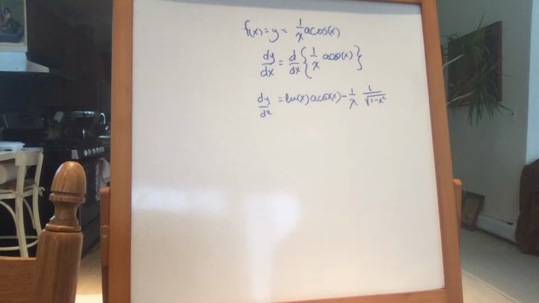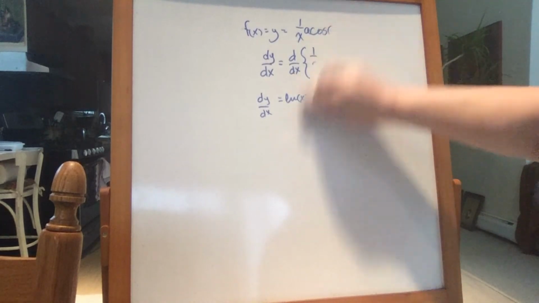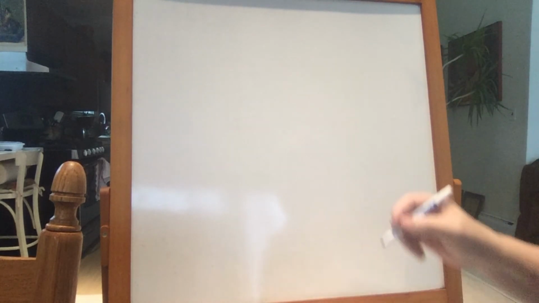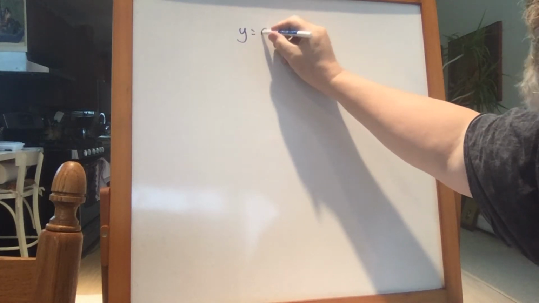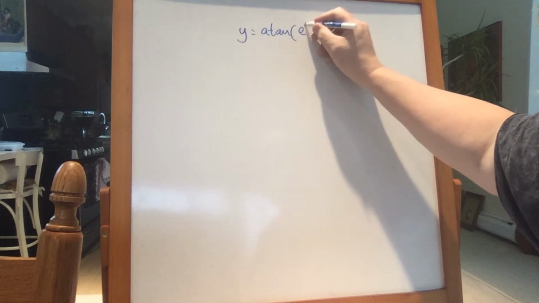Let's look at something even more interesting. Let's look at another way of applying the chain rule. Let's look at y equals arctangent of e to the x.